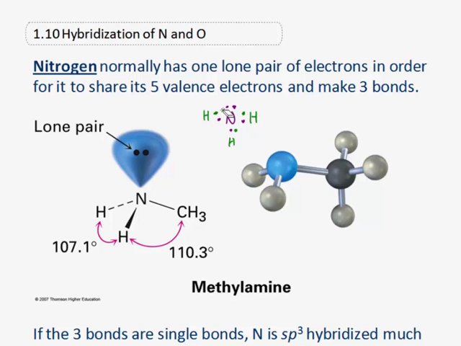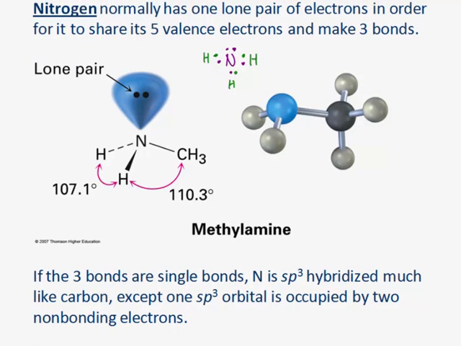So take a look at methylamine right here. The bond angles are roughly tetrahedral. So 107, 110 are roughly similar to that 109.5 tetrahedral bond angle. The hybridization is sp3. 3 bonds are single bonds.